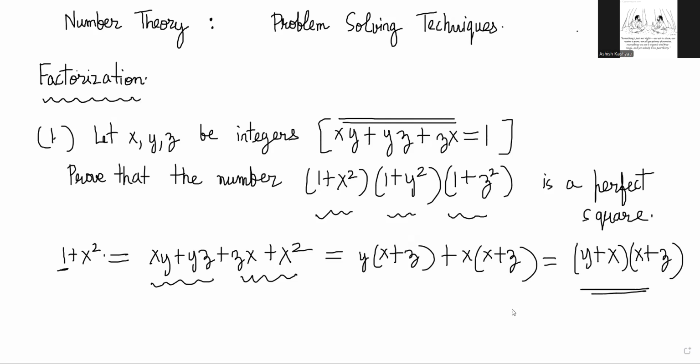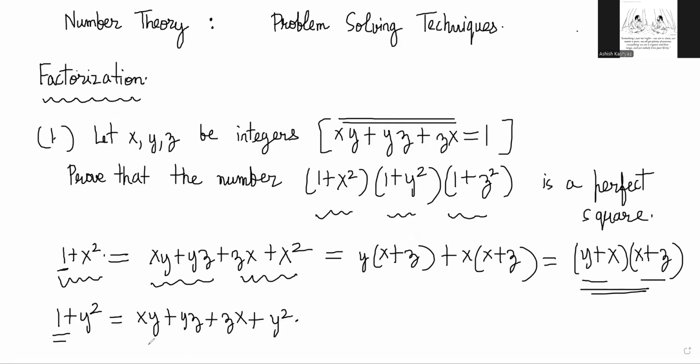Now that should give you an idea. The whole problem is going to be done in this way, because we can factorize 1 plus x square as a product of factors y plus x and x plus z. Similarly, you can do the same for 1 plus y square. I'll substitute for 1 xy plus yz plus zx plus y square, and then I'll take common between xy and y square.